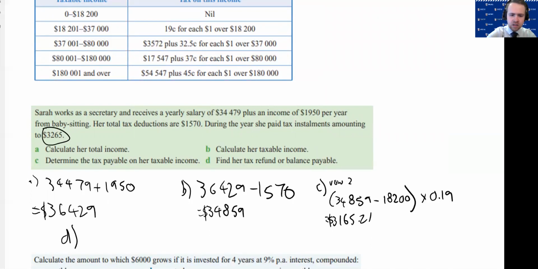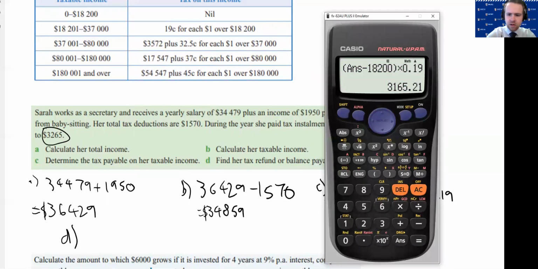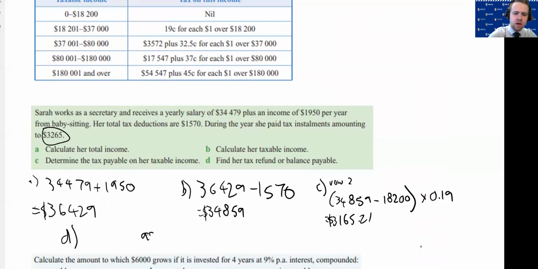We realize that it's less, so she should get a refund. Her refund will be the tax she paid minus the tax she should have paid, and the difference is going to be a refund.